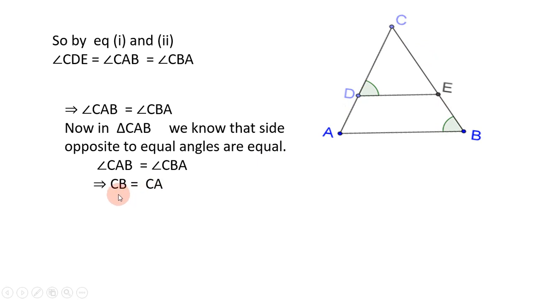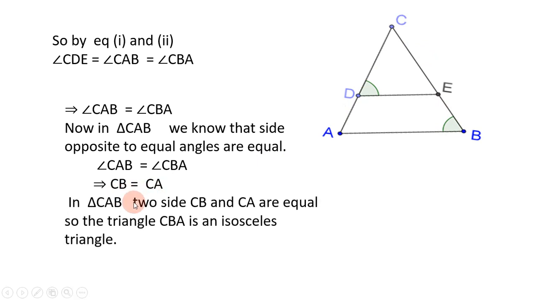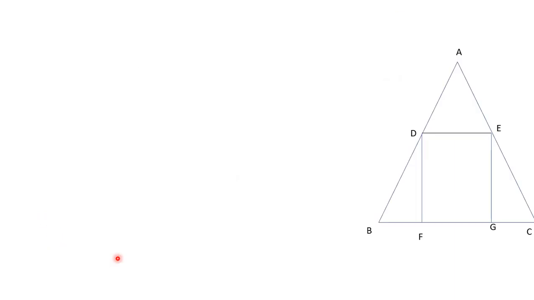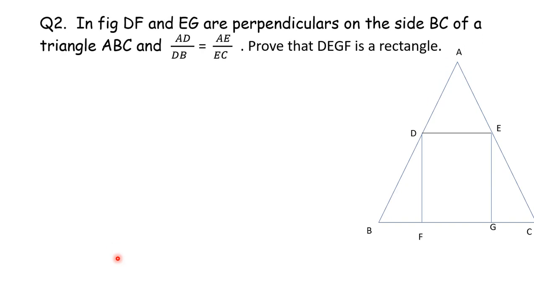So we get CB is equal to CA, and in the triangle CAB we now have two sides CB and CA equal. So the triangle is an isosceles triangle with the equal sides CA and CB. So it's proved.